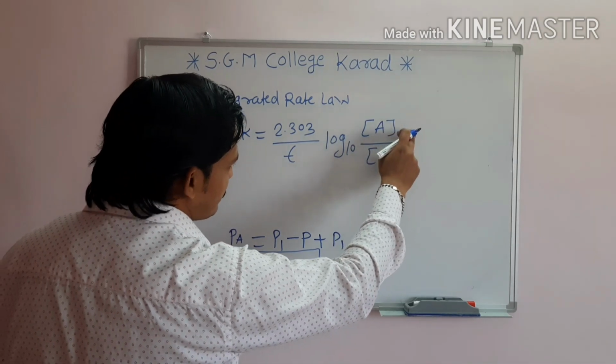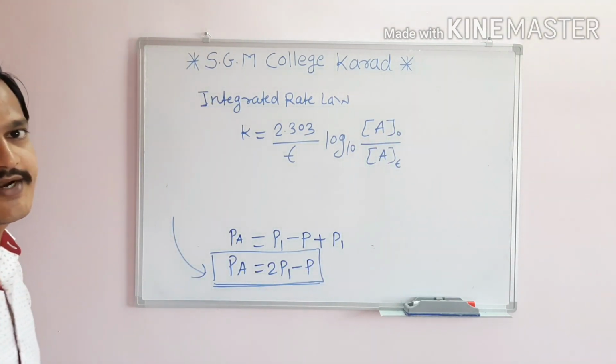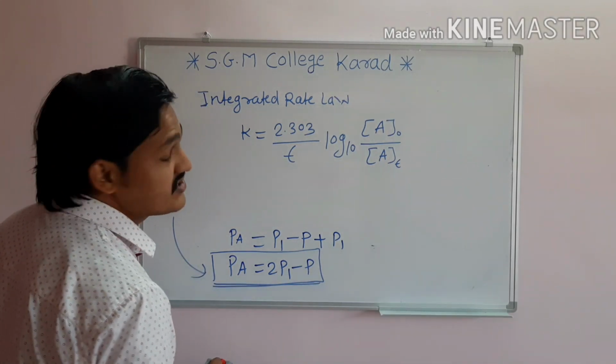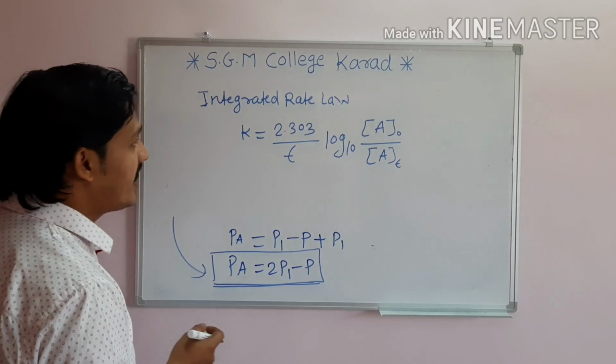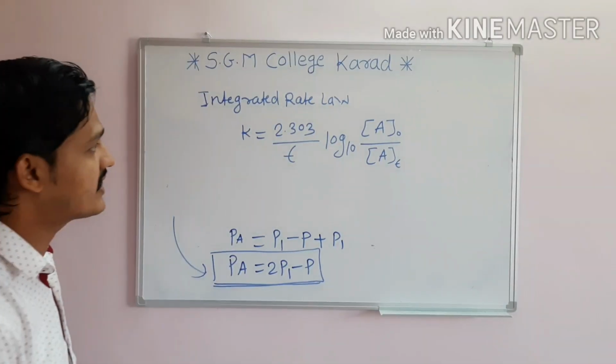A0 means initial concentration, At means final concentration after time t. Now I am replacing the value of pressure there and we get another equation, that is the integrated rate law for gas phase reactant.